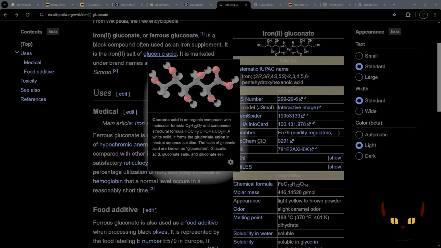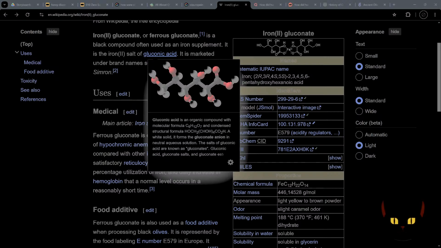Oh, gluconic acid. Ferrous. Not really that closely related to glucose. Still, the interesting thing about glucose is that it's made of a sucrose ring and a fructose ring. Or, no, it's the other way around.